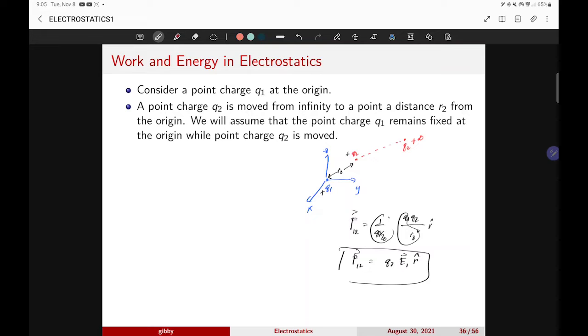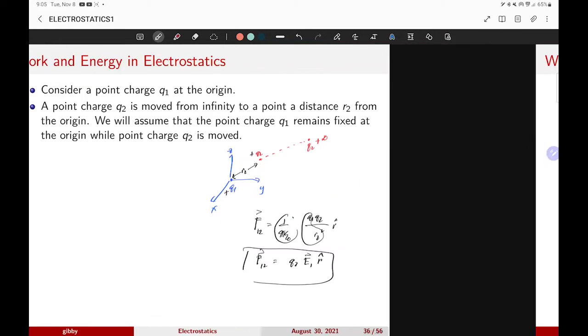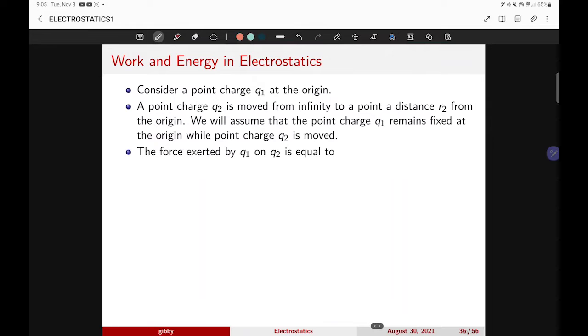So what is that? The electric field caused by charge Q1. So we have this formula F12 equals Q2 E1. So we can calculate the force exerted by Q1 on Q2, which is equal to this one, where E1 is the electric field generated by Q1.